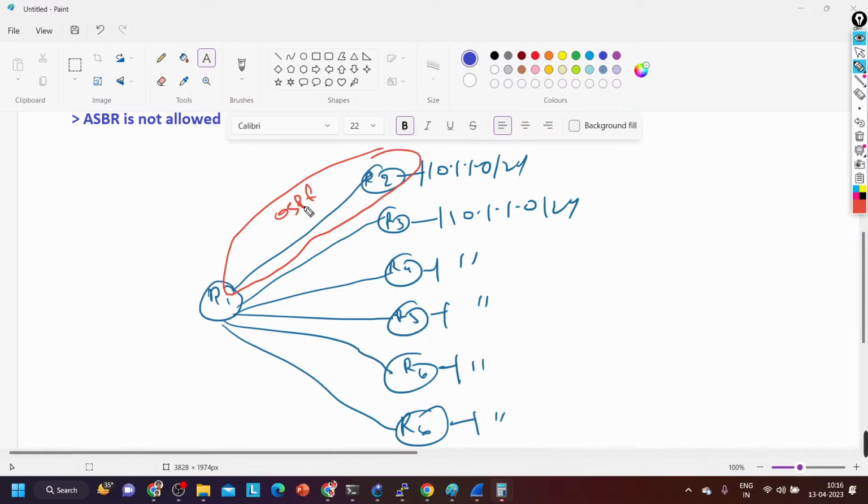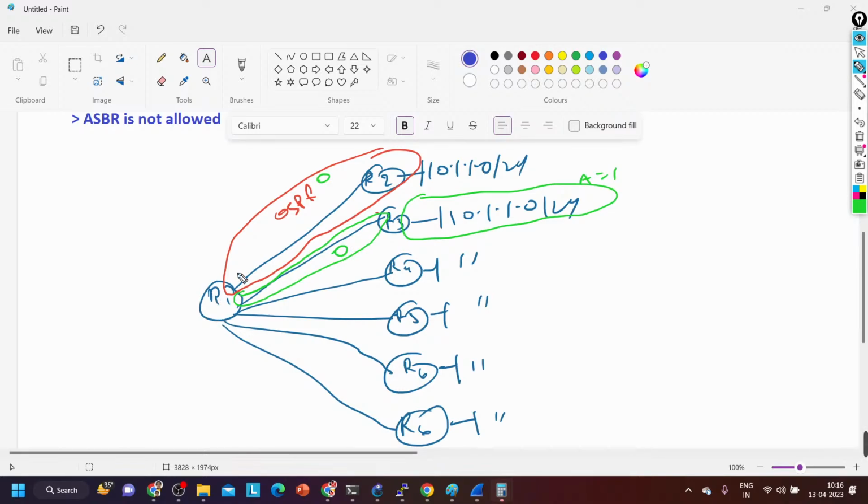Here I am running OSPF. Let me change the color. Suppose this is my OSPF area 0. This is in area 1 and this is in area 0.